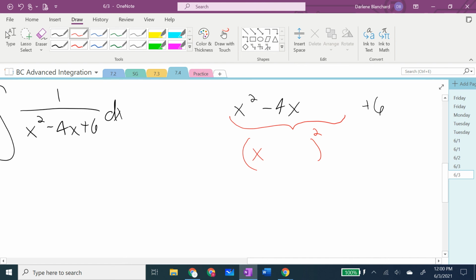When I'm completing the square, I need to have a leading coefficient of 1. And then I need to find just the right number that will add to that x squared minus 4x duo to create a binomial square. But I must compensate and not only add that number, but subtract it.